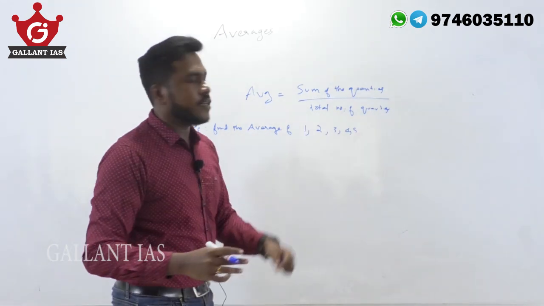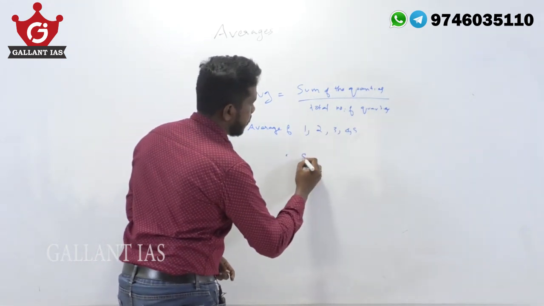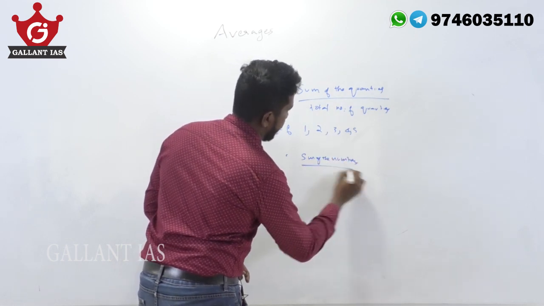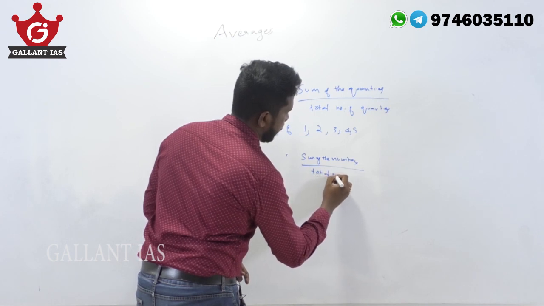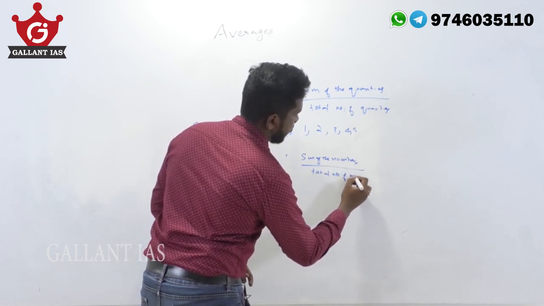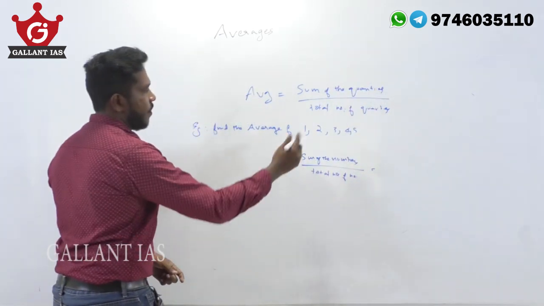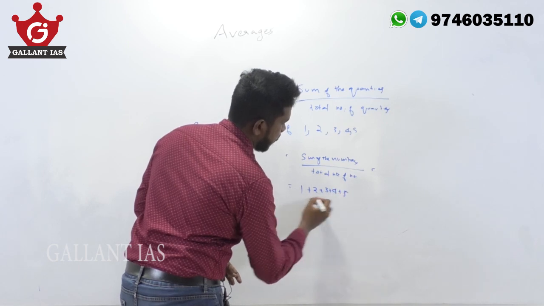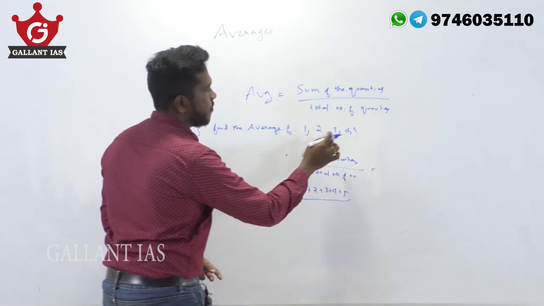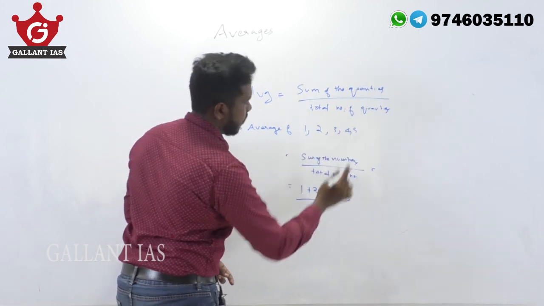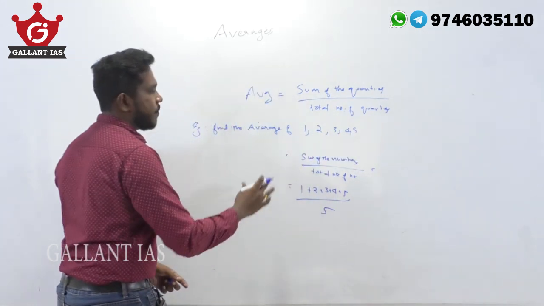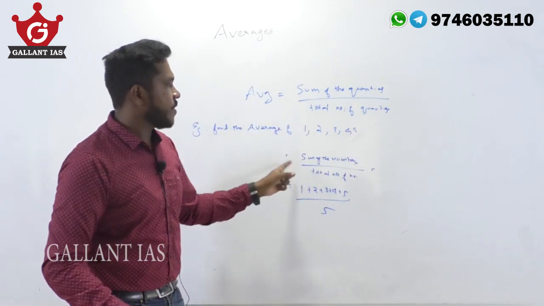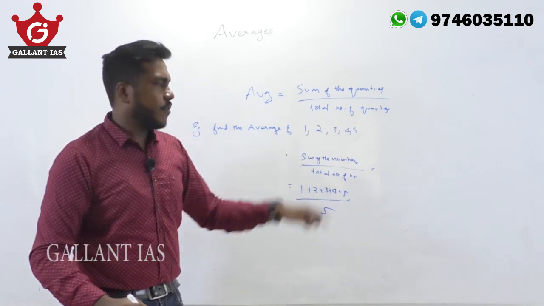So how to find the average? That is the sum of the numbers divided by the total number of numbers. The sum of the numbers is 1 plus 2 plus 3 plus 4 plus 5, whole divided by the total number of quantities, which is 5.